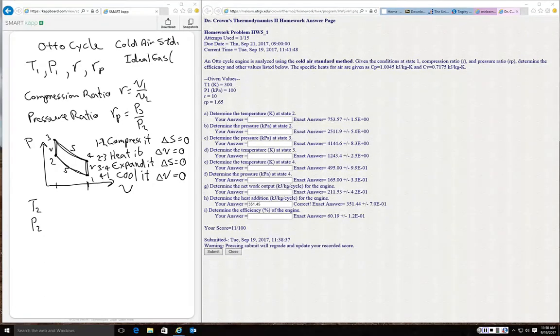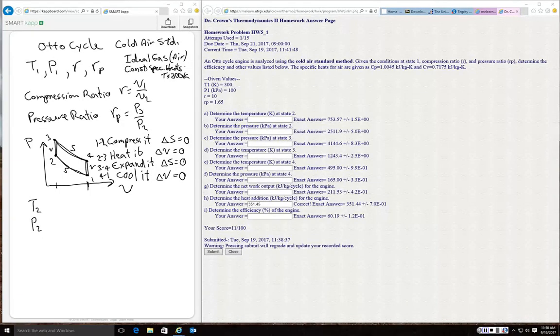For the cold air standard, we're using constant specific heats, and more specifically at T equals 300 Kelvin. So k in this case would be the specific heat ratio, which is always 1.4.